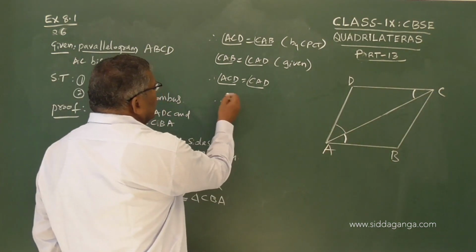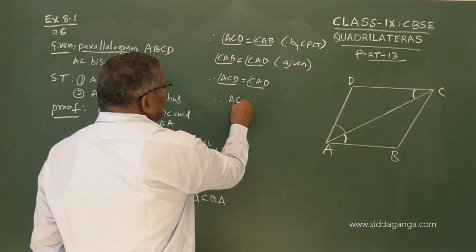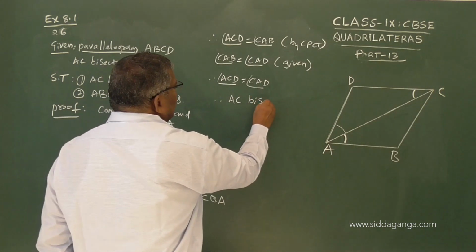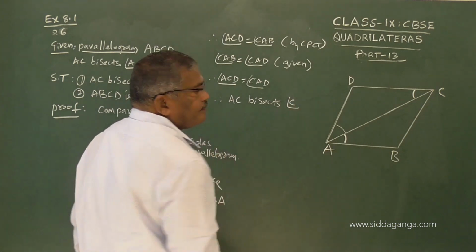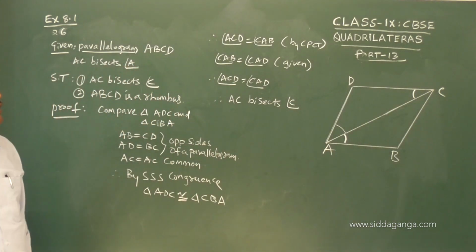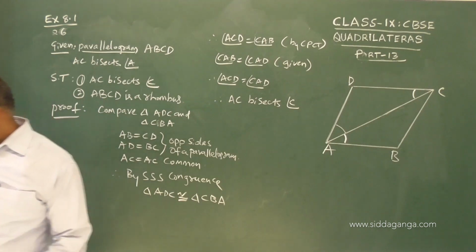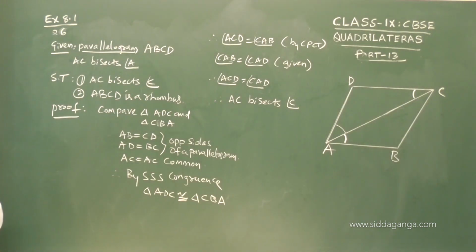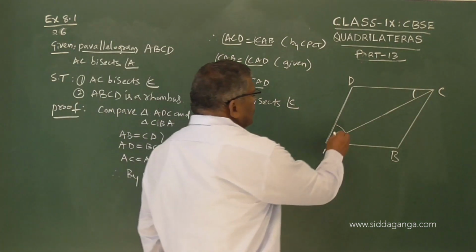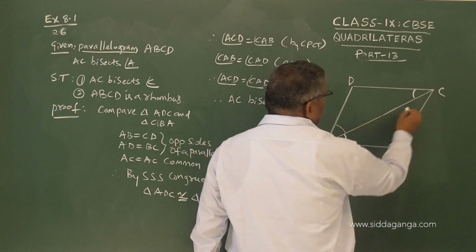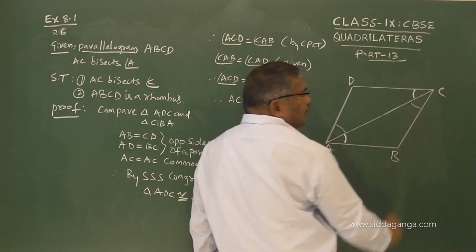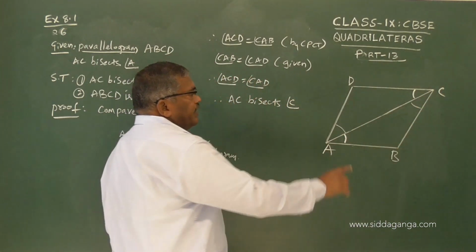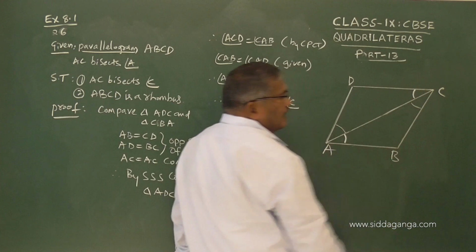So therefore we can say AC bisects angle C, because this angle is equal to this angle and this angle is equal to this angle. So the total of these two will be equal to the total of these two. So we can definitely say AC bisects angle C.